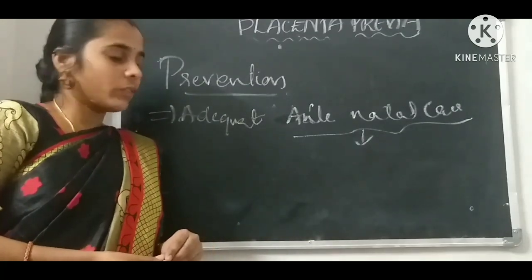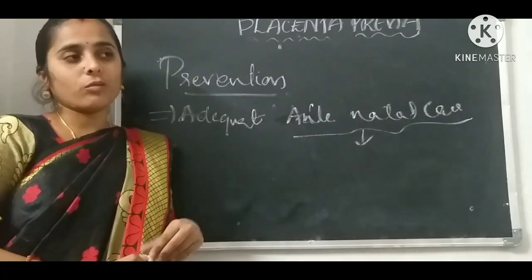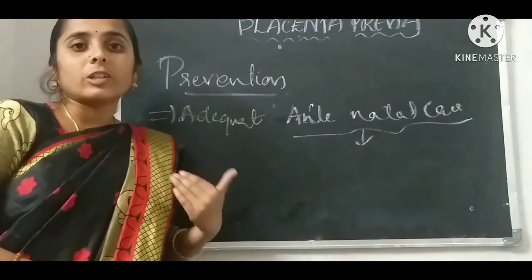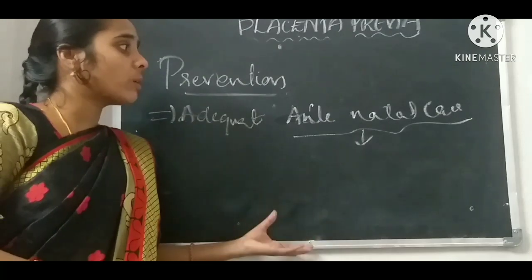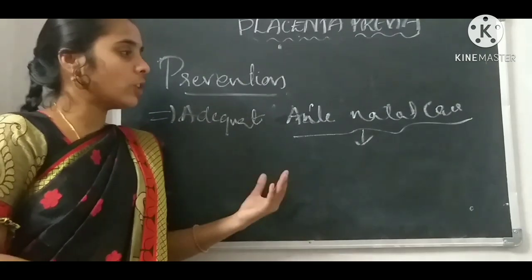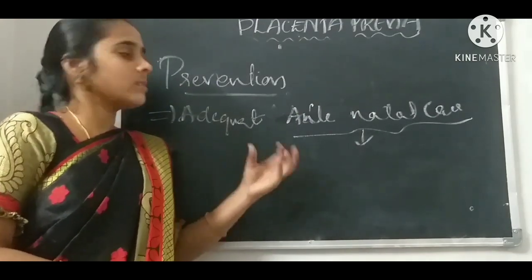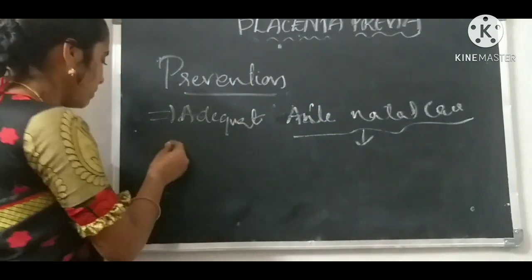For example, if the woman is suffering from any disease, by this antenatal care we can find the disease and cure it. It helps to detect harmful diseases early in the pregnancy. So adequate antenatal care should be given.